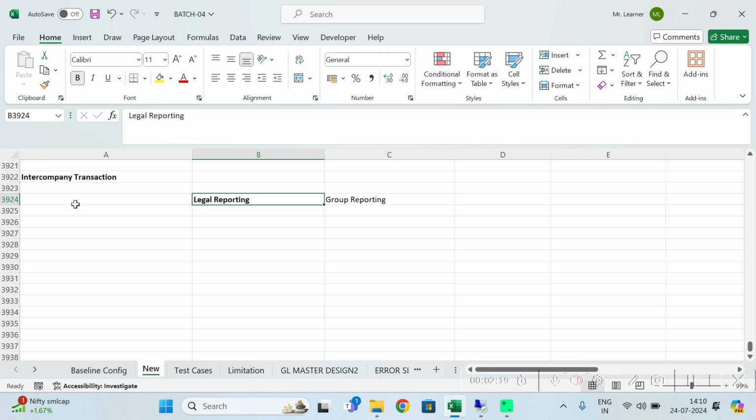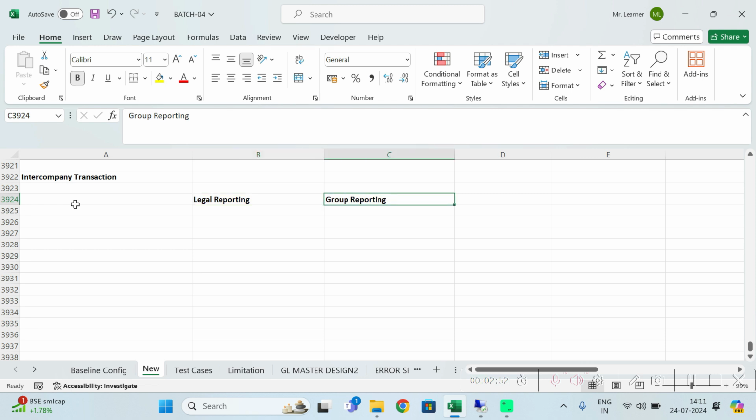Okay, so at legal reporting, even if it is an intercompany transaction, every company code has to show that transaction in their financial statement. But at the group reporting level, when you are preparing the consolidated reporting or group reporting, then the intercompany transaction needs to be eliminated.